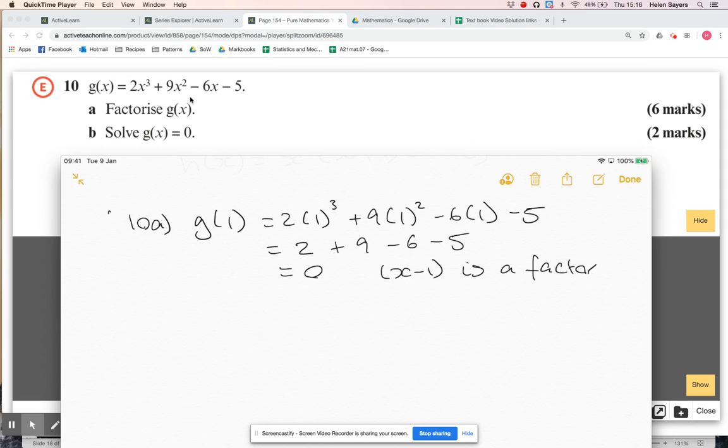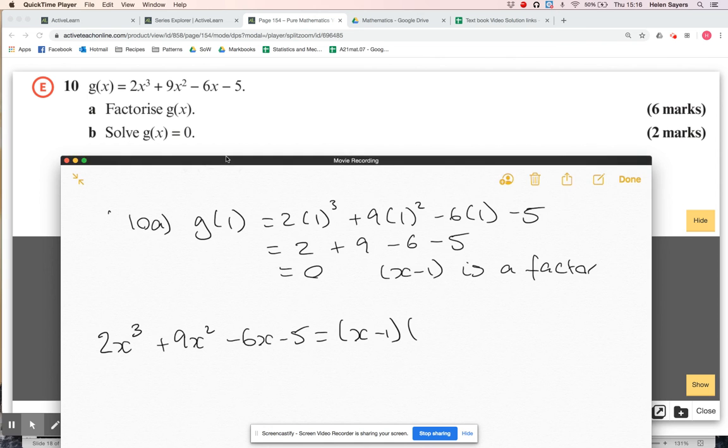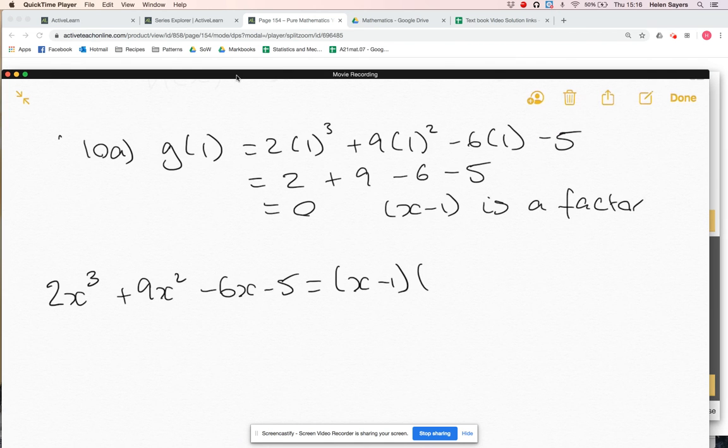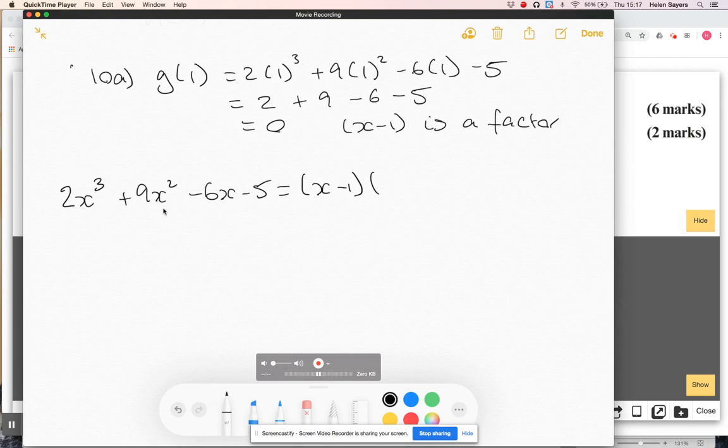So the cubic is 2x cubed plus 9x squared minus 6x minus 5. I'm going to do it through inspection, and then I'll run through it quickly if you prefer to write out the division. Oh, we need to make that bigger, never mind. Okay, so I know that a cubic is going to be a linear set of brackets multiplied by a quadratic.